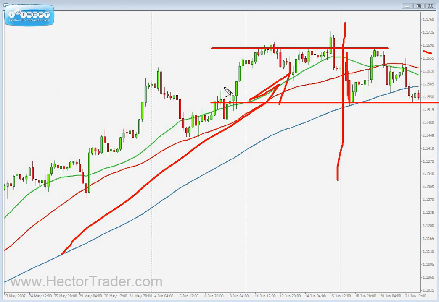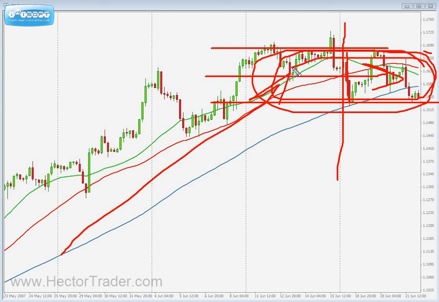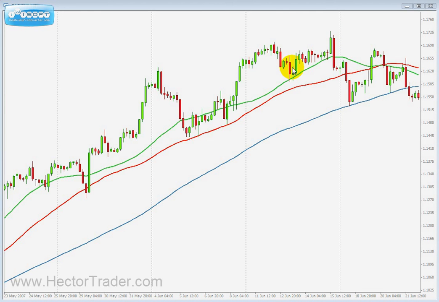From this point on, when we begin moving sideways, the moving averages are not fulfilling all the 6 conditions anymore. In fact, wow, we've thrown 1, 2, 3, 4 conditions out of the list.